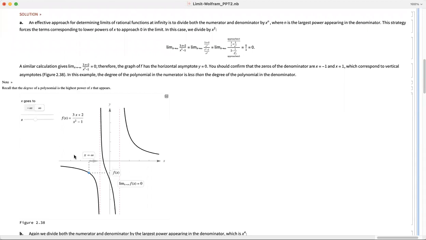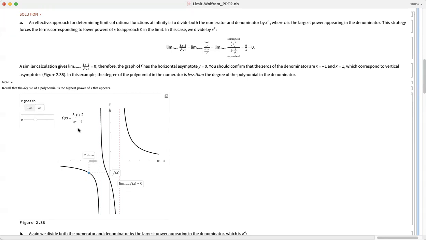If x approaches negative 1 from the left hand side, then since x is less than negative 1, x could be negative 1.5, negative 1.1, something like that. So taking the square must be greater than 1, so x squared minus 1 is positive. But what about the numerator? 3 times a negative number plus 2, I mean, negative 1.2 plus 2, that should be negative, right?